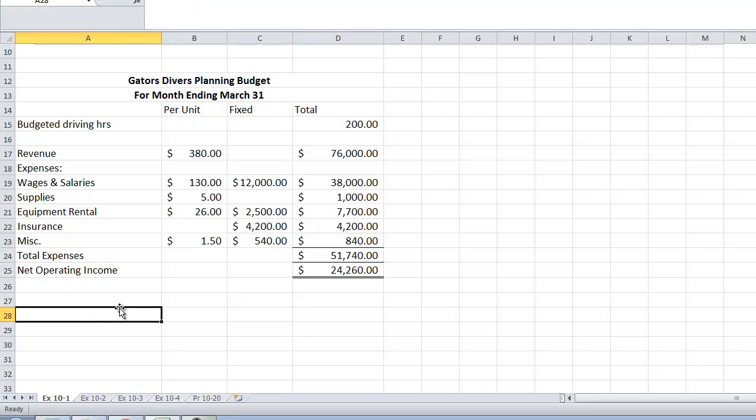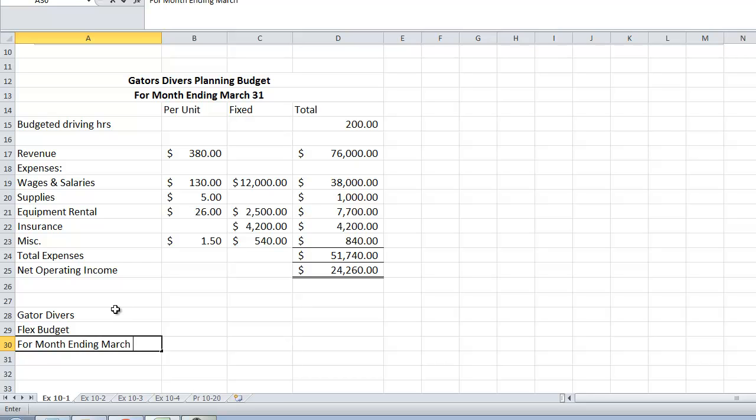Now we must prepare our flex budget for Gator Divers. A flex budget is a budget that takes into account the fact that actual units are different than budgeted units. So this is what is called an activity variance. And this is for the month ending March 31st.